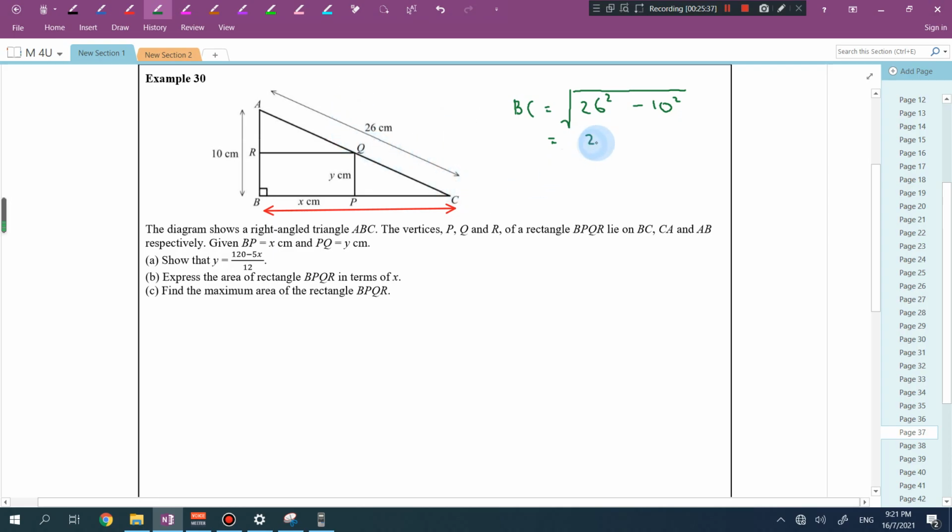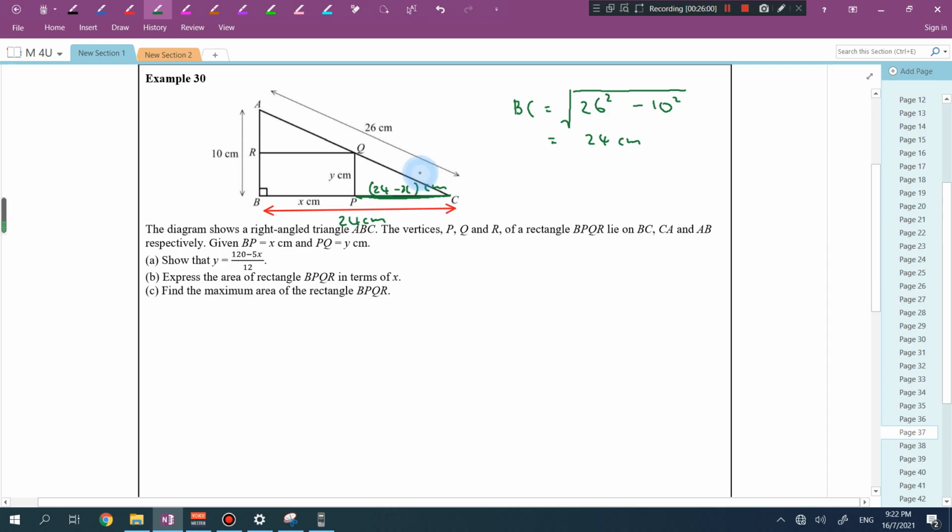You should be able to get 24 centimeter. So here is 24 centimeter. If this is 24 centimeter, the PC will be 24 minus x centimeter, right?